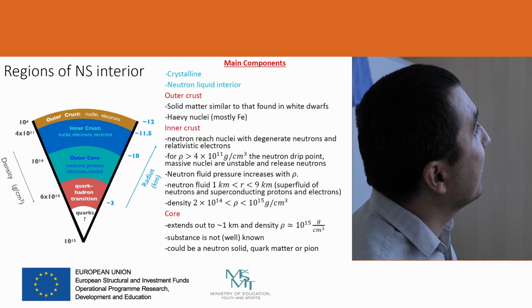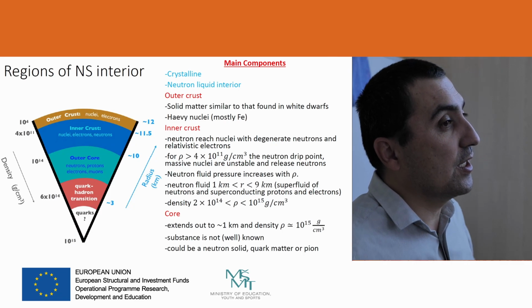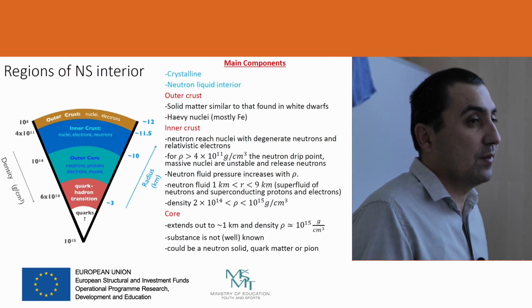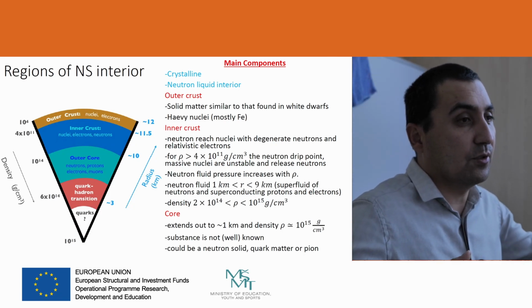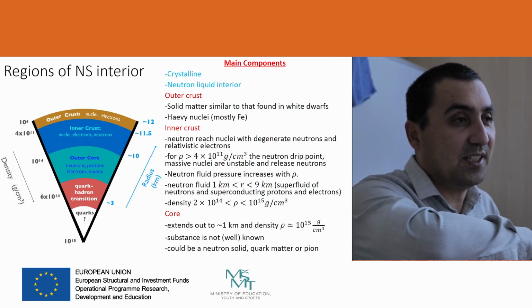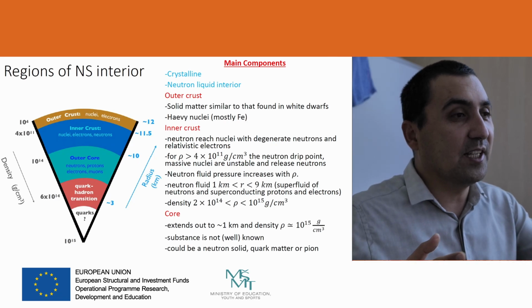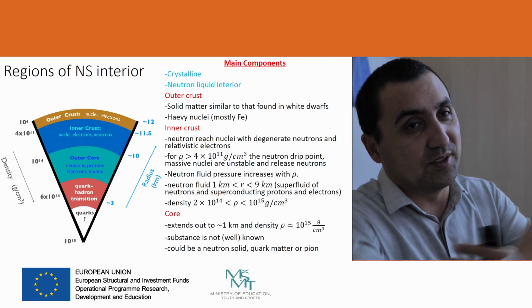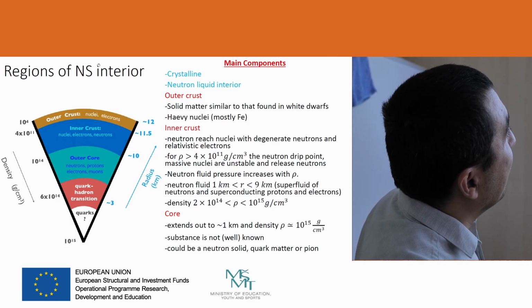Maybe there are some protons, and liquid rotating inside the neutron star, opposite to the electrons.